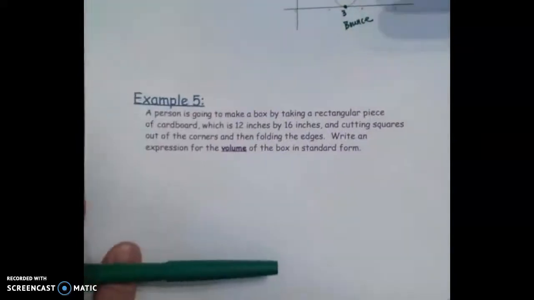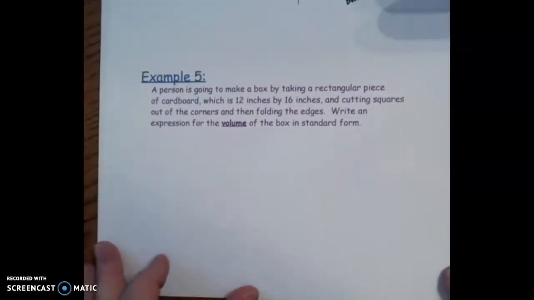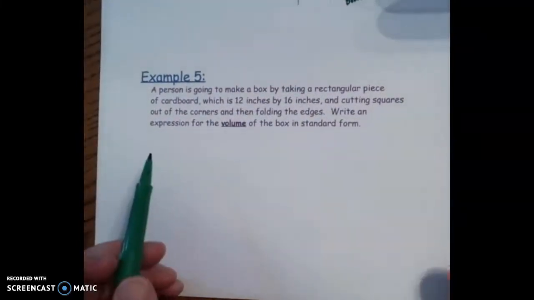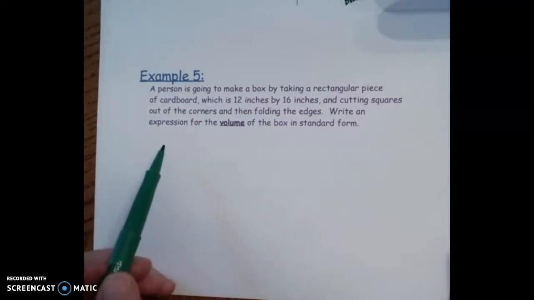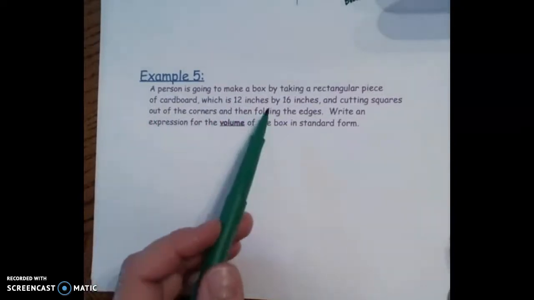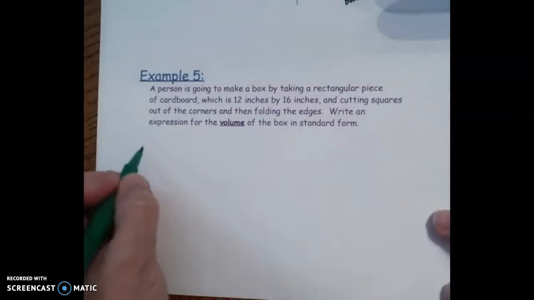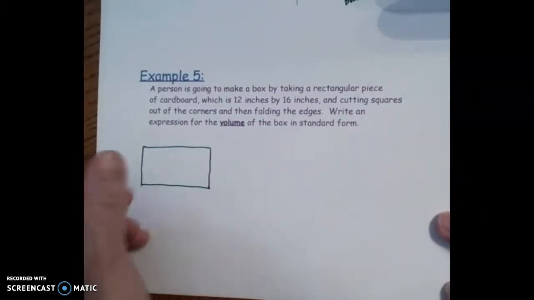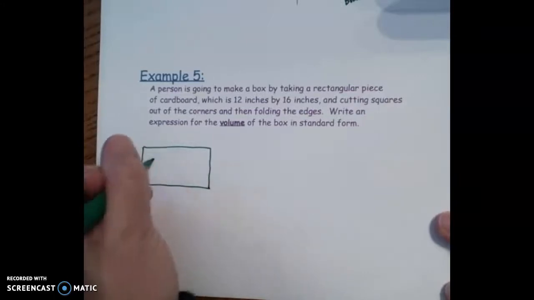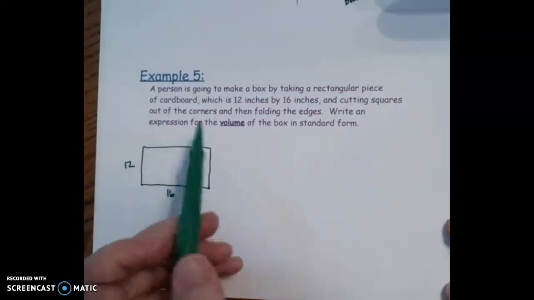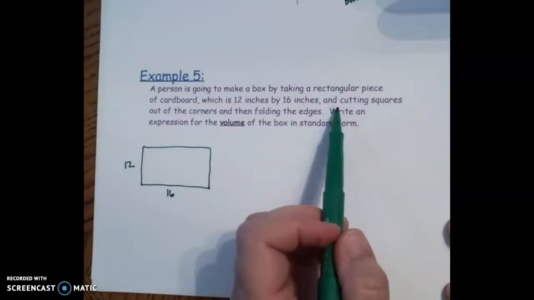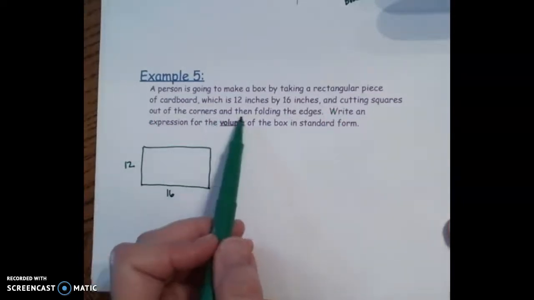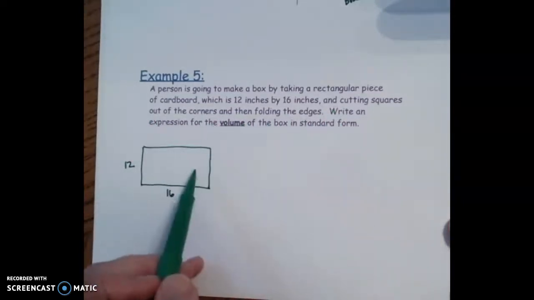Last, we have a word problem. It says a person is going to make a box by taking a rectangular piece of cardboard, which is 12 inches by 16 inches. So let's just go ahead and give ourselves a visual of that. So we've got a 12 by 16. We're going to cut squares out of the corners, and then we're going to fold the edges down.